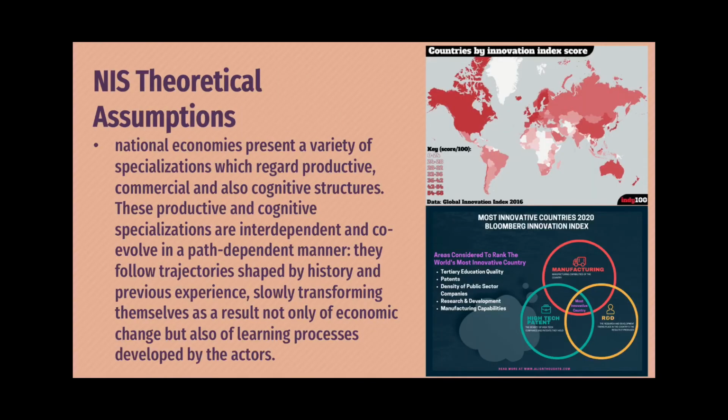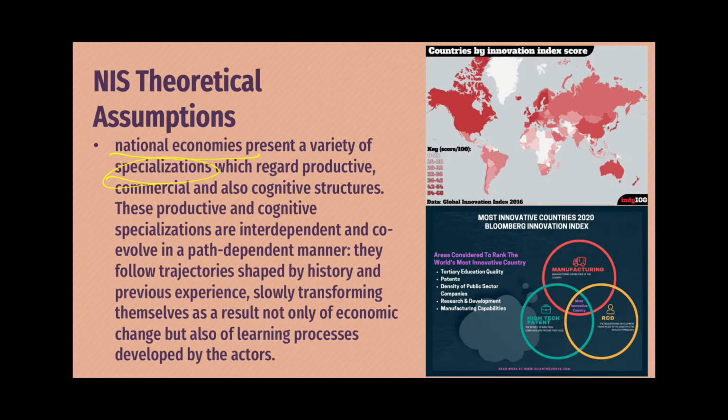So what are the theoretical assumptions for why NIS is a relevant way of looking at how innovations happen, and why countries should look at establishing a well-articulated NIS? So first, national economies present a variety of specializations which regard productive, commercial, and also cognitive structures.